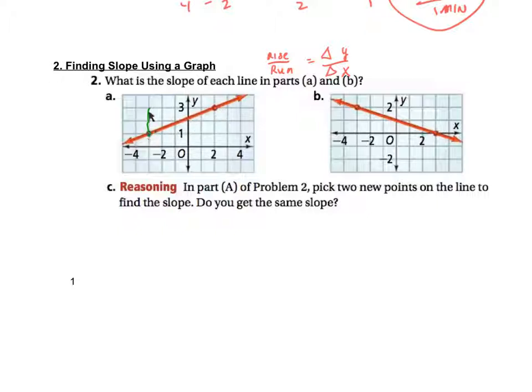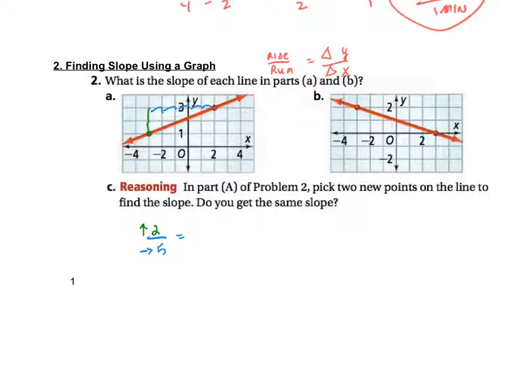So I'm going to have to go up here, and I'm going to have to run over here. So in doing so, it looks like I have gone up 2 points. So I have gone up 2, and it looks like I'm also going to go right 1, 2, 3, 4, 5, and I am going to go right 5.